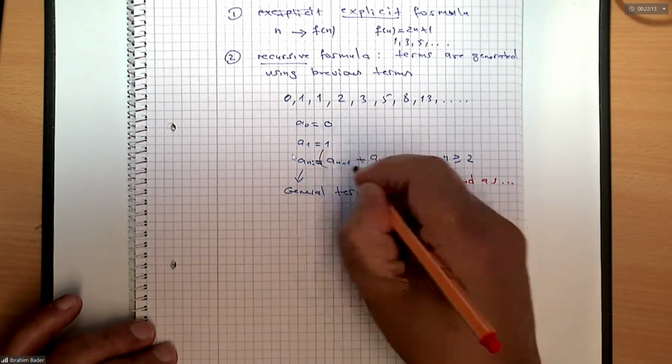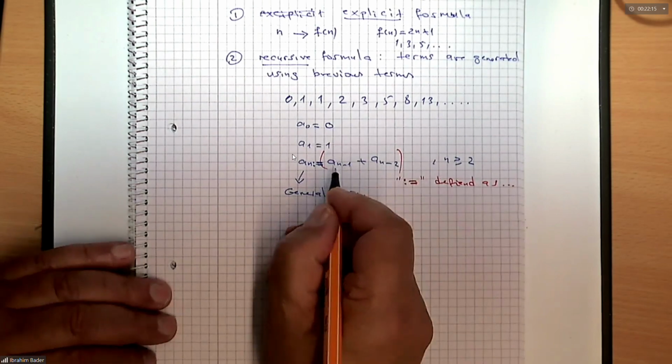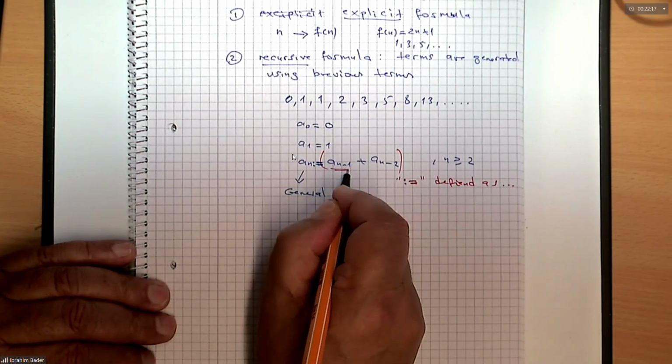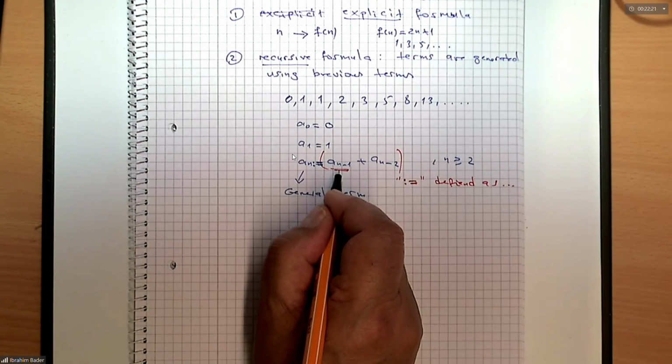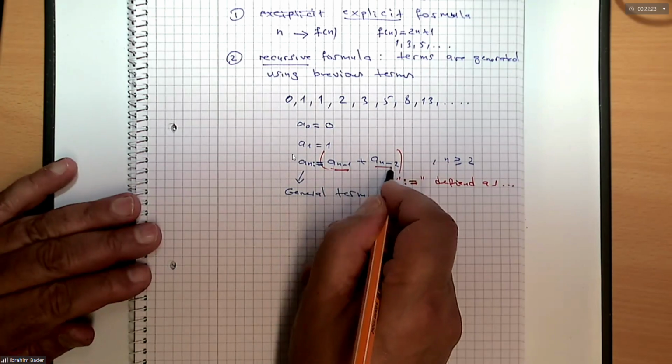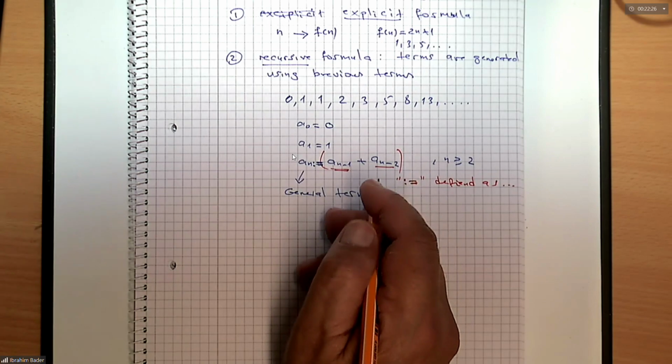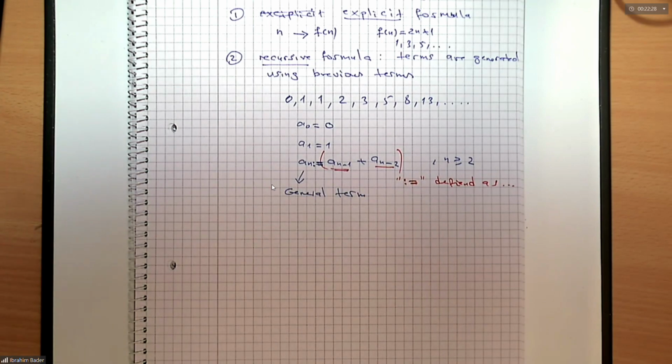The index is just a position. This one means the term immediately to the left of n, and this one means it's two positions before. So this is the meaning of recursive. Any other questions?